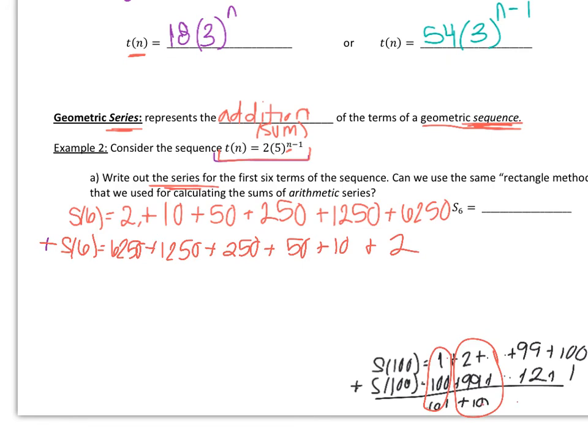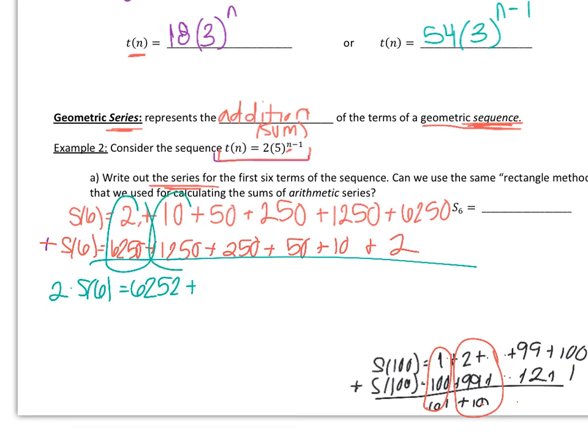So if we line these up and add, so if I add 2 plus 6250, so this is going to be 2 S of 6 equals, so that would be 6252 plus, then we're going to add 10 plus 1250, that would be 1260. So already I can see that these sums adding the two series together are not equaling the same value.